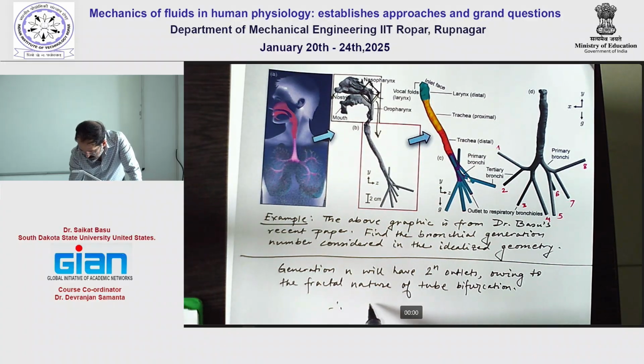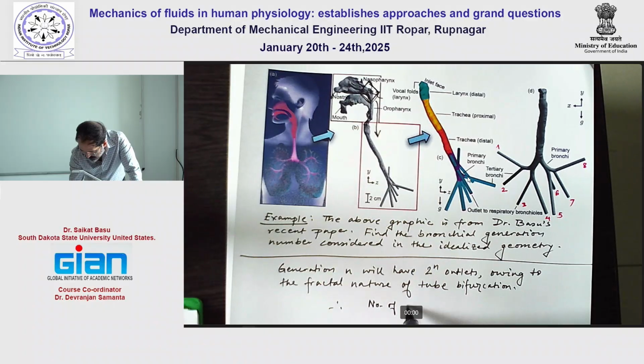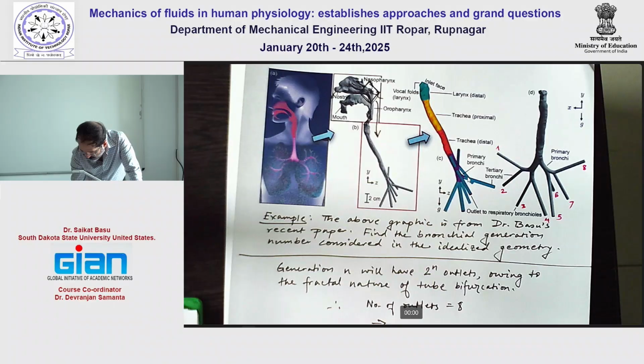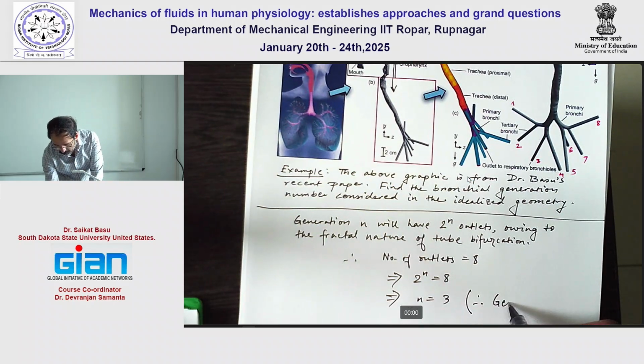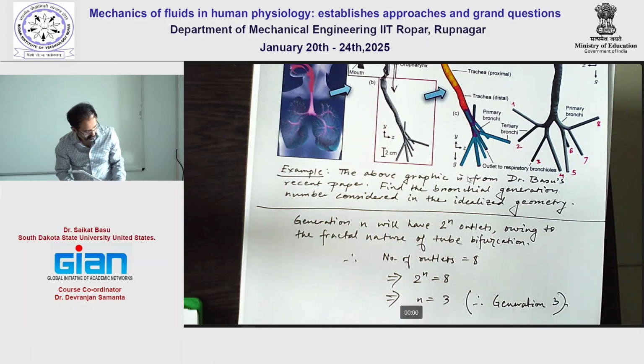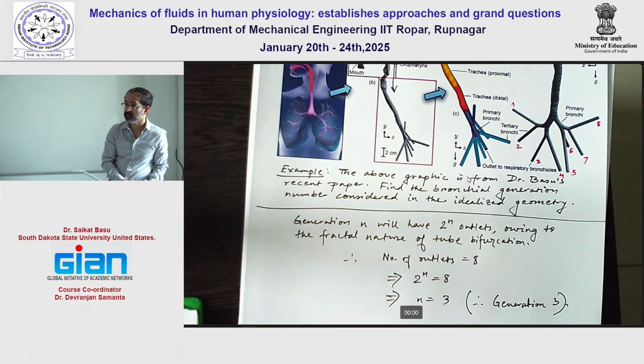Therefore, here the number of outlets is 8. So it is generation 3. So I have to remember to correct this on the manuscript by the time the paper comes back.